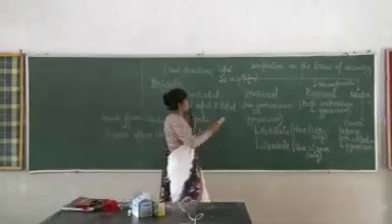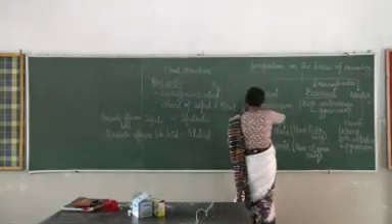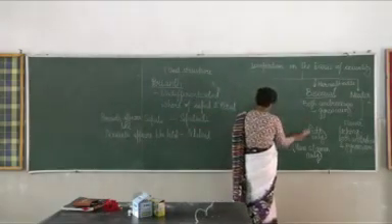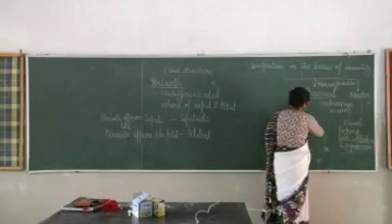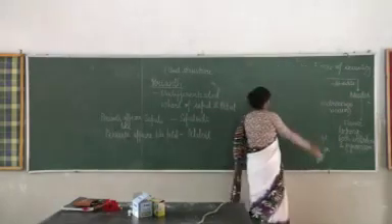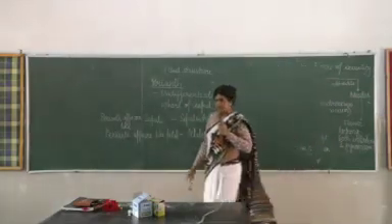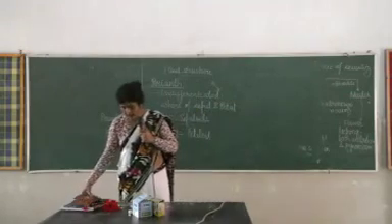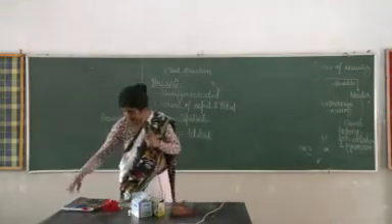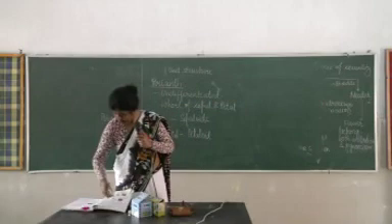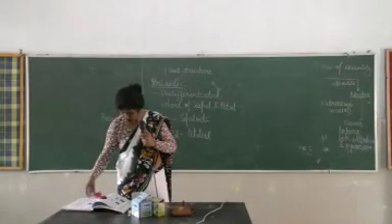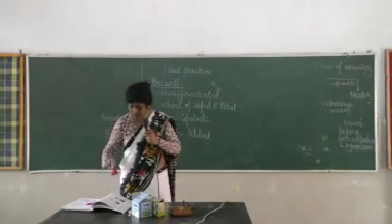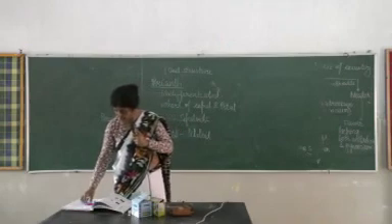Now the next term we are coming to is bract. See, I have brought a flower, we call it bougainvillea. This is a flower you have seen, it's quite common.